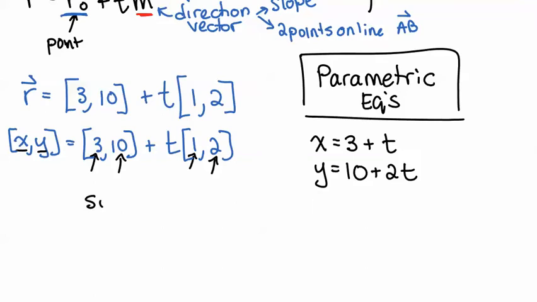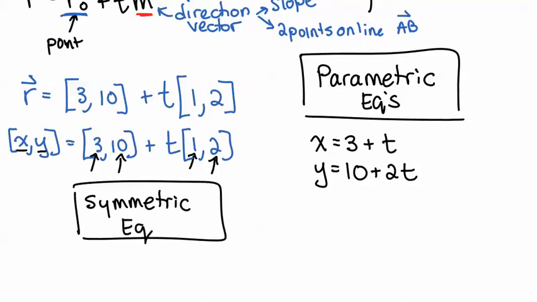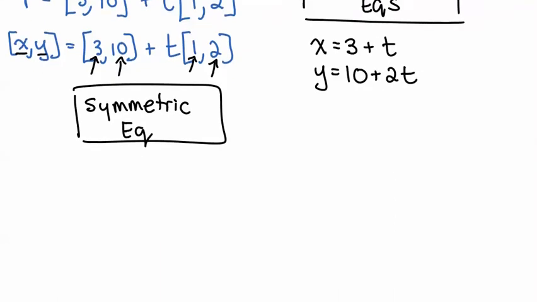And then our symmetric equation is when we take our parametric equations and we isolate t. So for my top one, I'd have x minus 3 equals t if I moved the 3 over. For my bottom equation, I'd get y minus 10 equals 2t, so then I'd have to divide by 2.